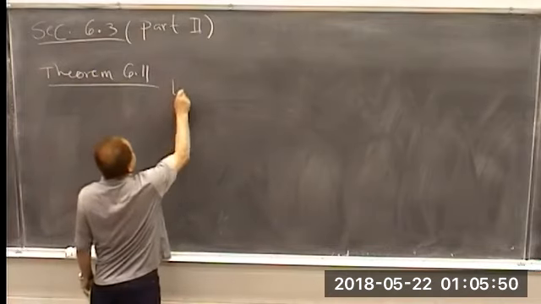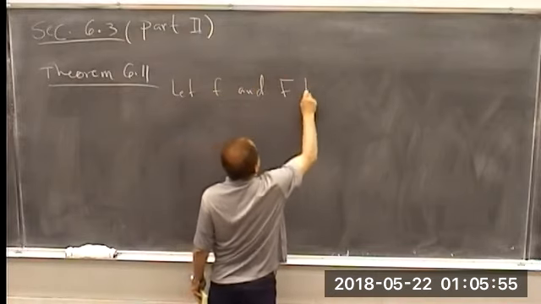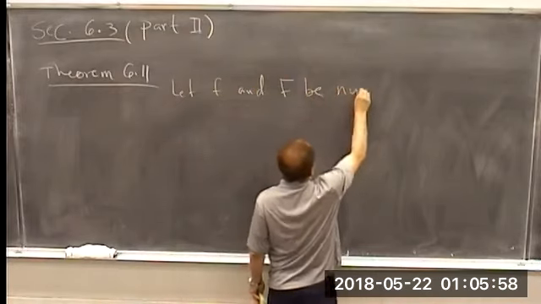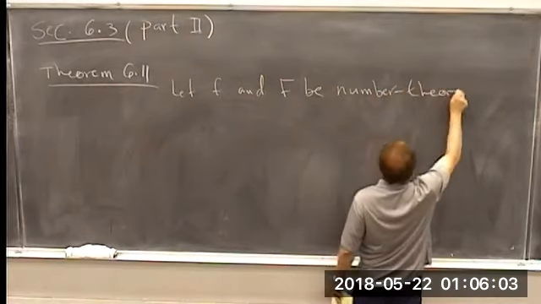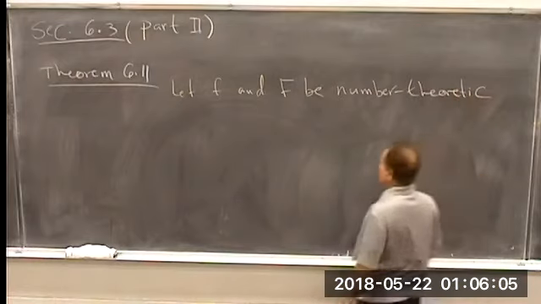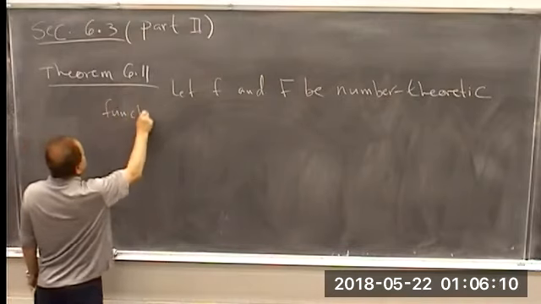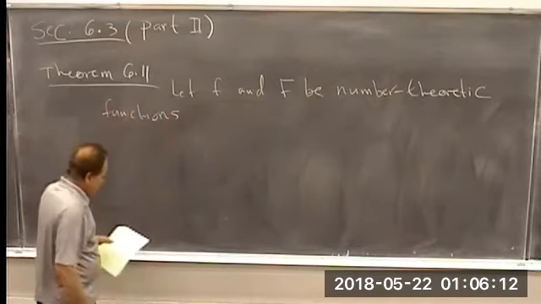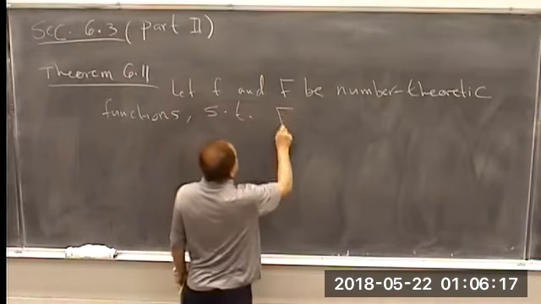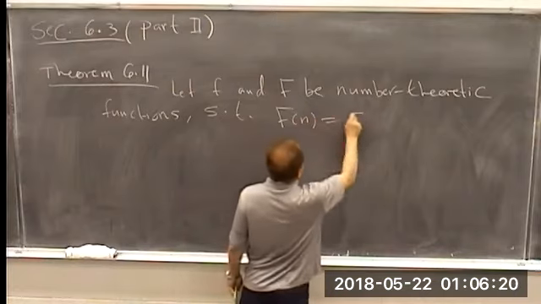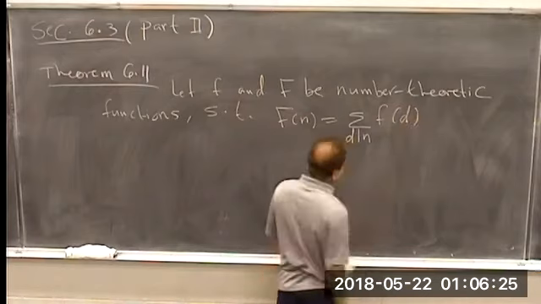Let little f and capital F be number theoretic functions such that capital F of n is the sum over d dividing n of little f of d.